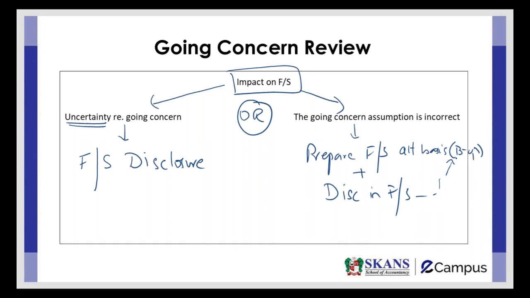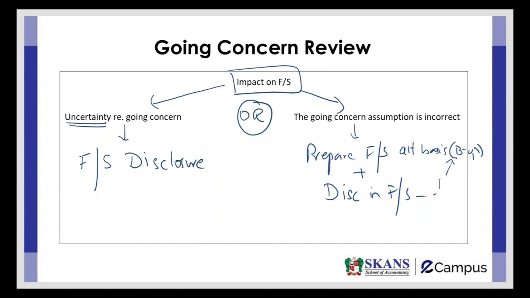So in my earlier example, when my inventory was my major balance, it's all destroyed. The insurance company is not giving me any money. I was already struggling with cash. I'm fairly certain I'll have to wrap up my operations in the next 6 months. In this case, as at the year end, the financial statements will need to be prepared on a breakup basis.